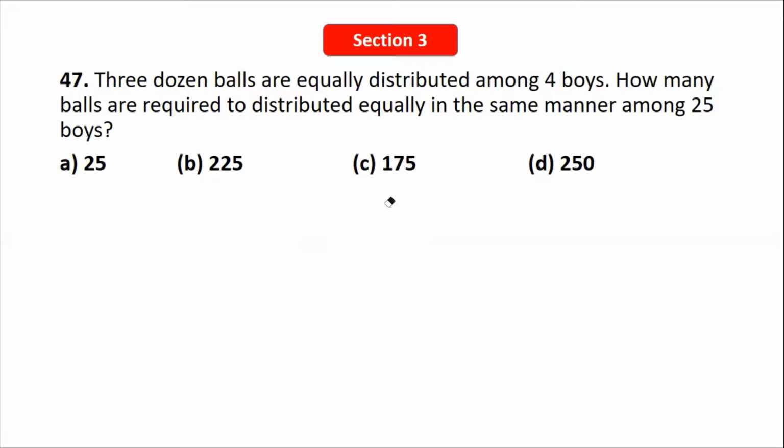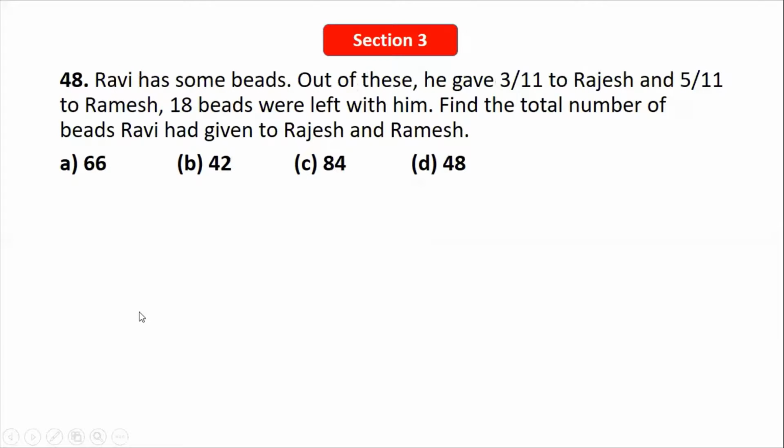So that should be our answer. I'll erase and go to next. Ravi has some beads. Out of these, he gave 3/11 of them to Rajesh and 5/11 to Ramesh, and then 18 beads were left with him.